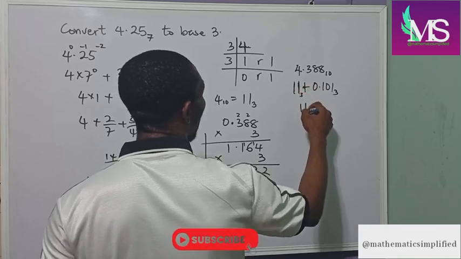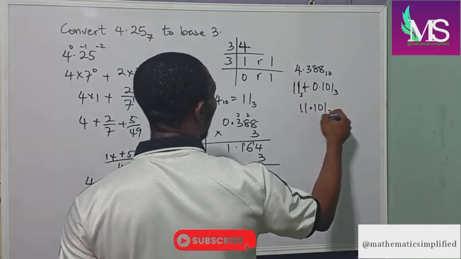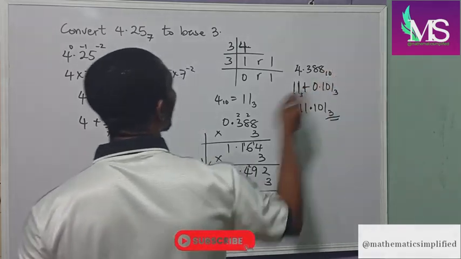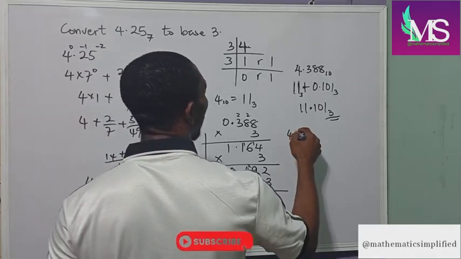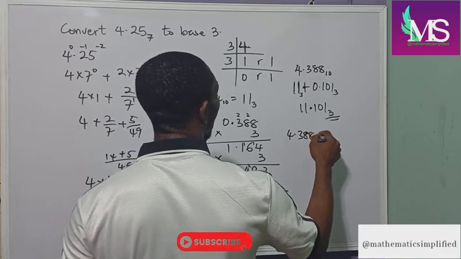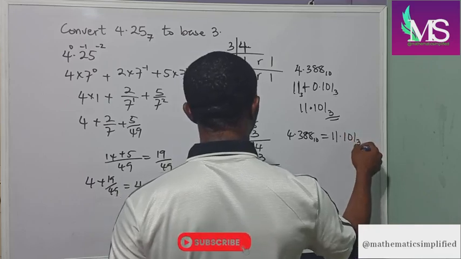This will give us 11.101 base 3. So our 4.388 base 10 will give us 11.101 base 3.